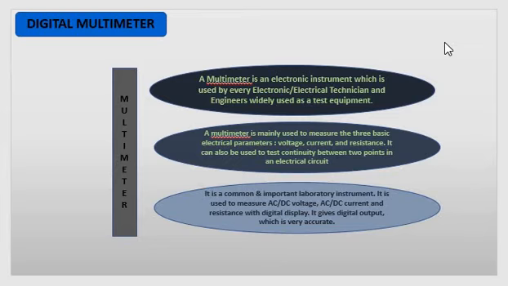Initially, analog multimeters were used, but nowadays digital multimeters have replaced needle-based analog meters due to their ability to measure with greater accuracy, reliability, and increased impedance.